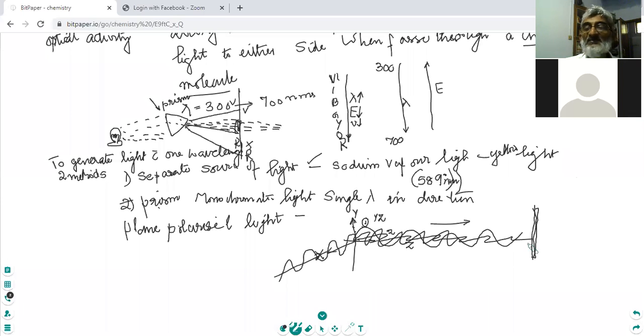Remember the width of the slit is so small that the wave which is passing in this plane only comes out. The wave which is passing in the opposite direction, like this, does not come out.